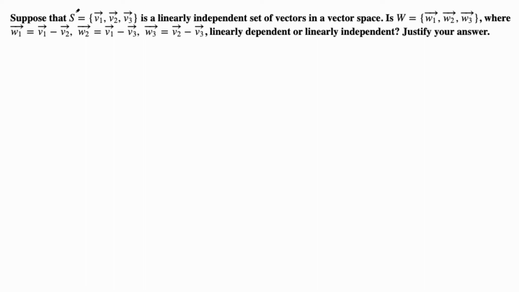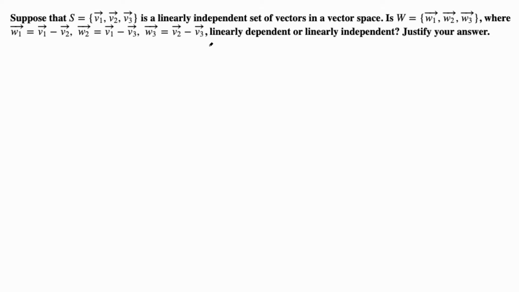Suppose that v1, v2, v3 is a linearly independent set. Consider w1, w2, w3, where w1 is defined as v1 minus v2, w2 is defined in this way.